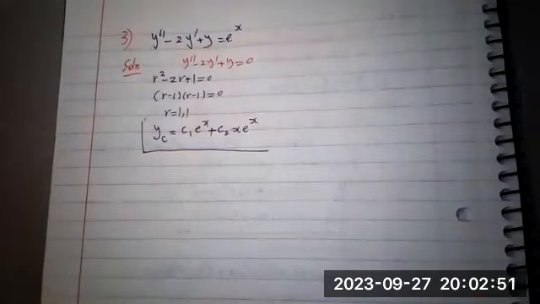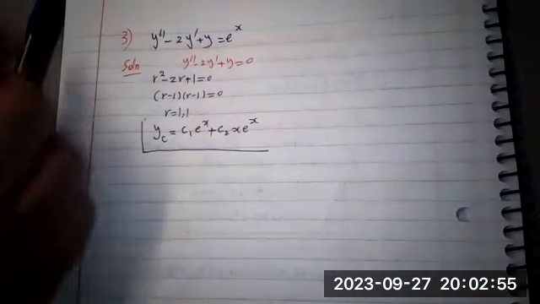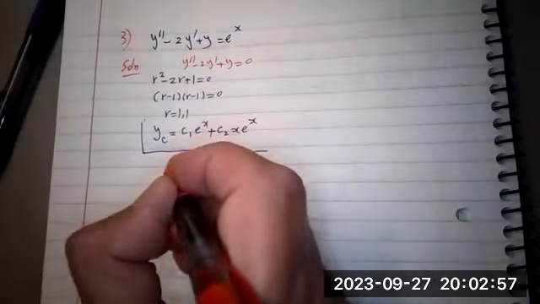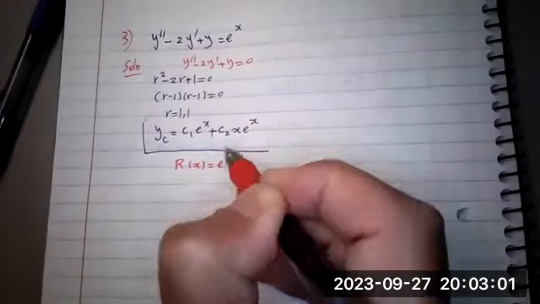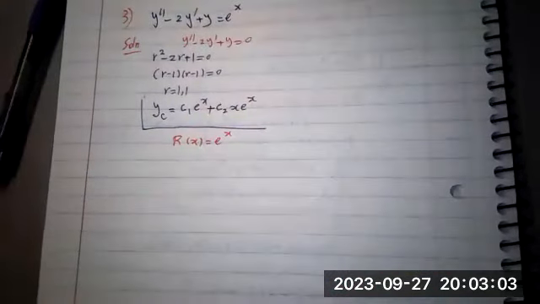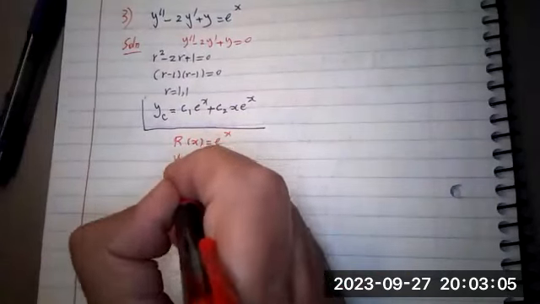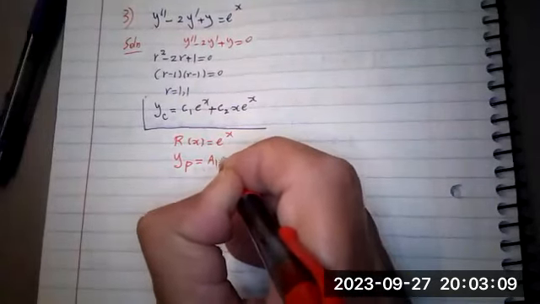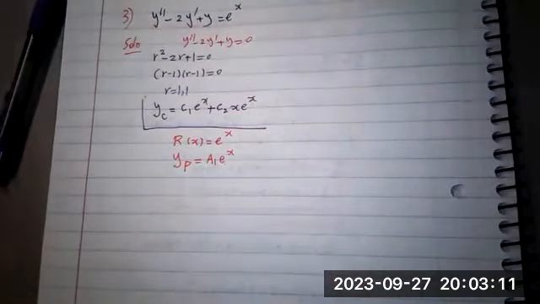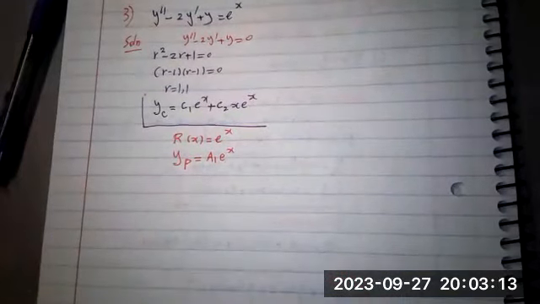Okay, any question? Given the Rx, give us the YP. What's the Rx? E to the X. What's the coefficient? You go with A1 e to the X. Check if it's going to be all right.